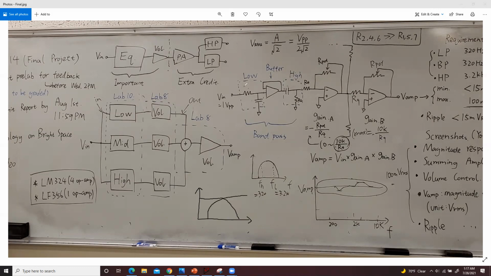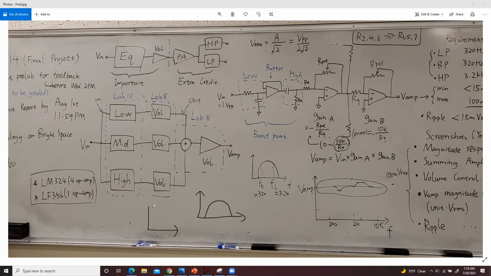After you combine these two filters together, what you will have is something that looks like this. Because after you combine the high pass filter and the low pass filter, you will have something like this.